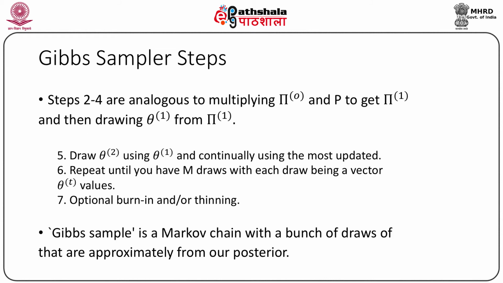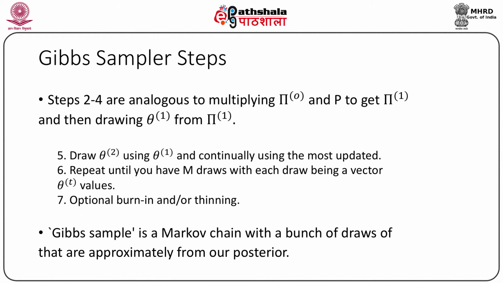Steps 2 to 4 are analogous to multiplying pi 0 and p to get pi 1 and then drawing theta 1 from pi 1. Draw theta 2 using theta 1, continually using the most updated values. Repeat until we have m draws, with each draw being a vector theta t of values.